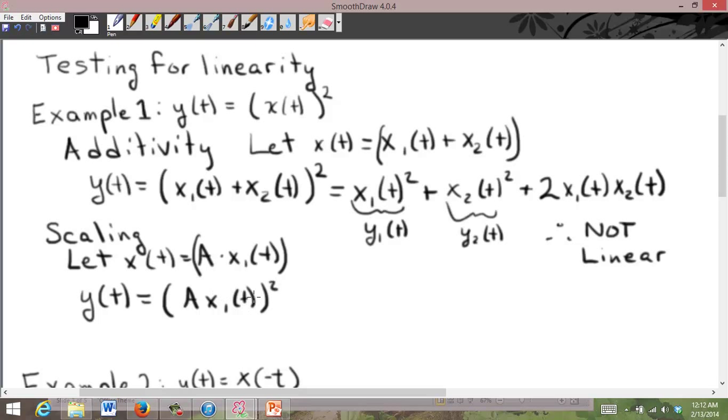But now when I square this, I end up with a squared x1 of t squared, which is not equal to a times y1 of t. So again, it is not linear.